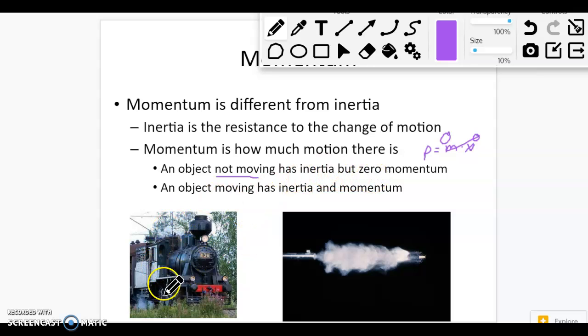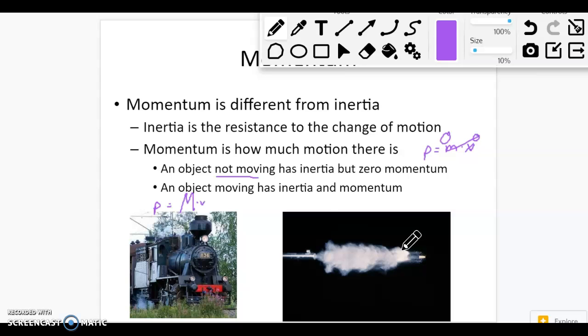And again, using examples, something that's really big and moving really slow can actually have similar momentum to something that's really small, like a bullet, that's moving really fast. So a train has a really large mass, but might be going pretty slow.